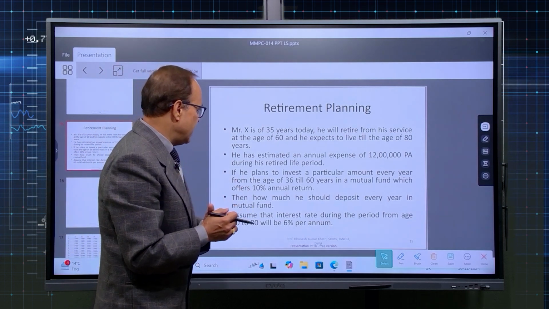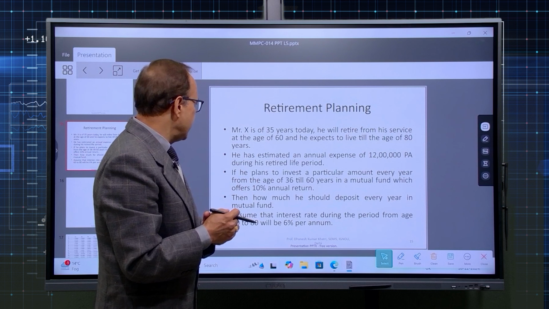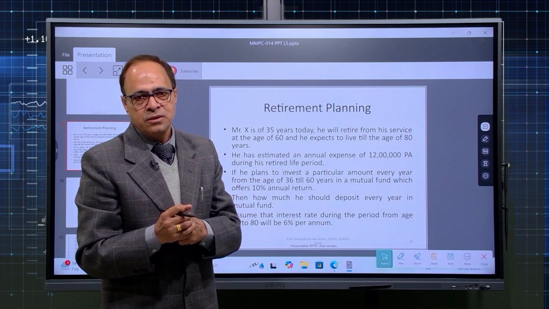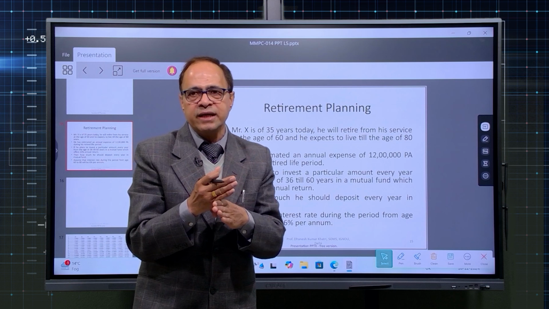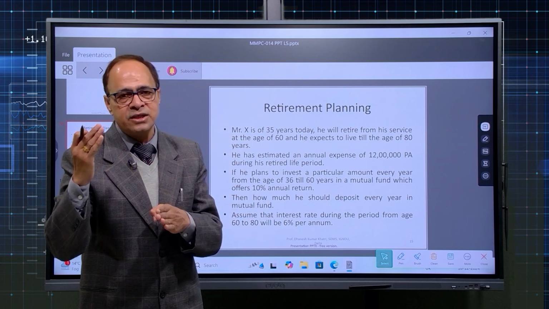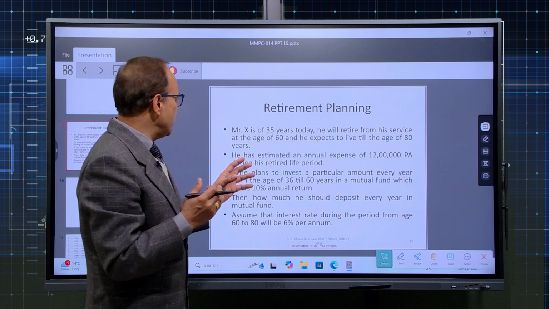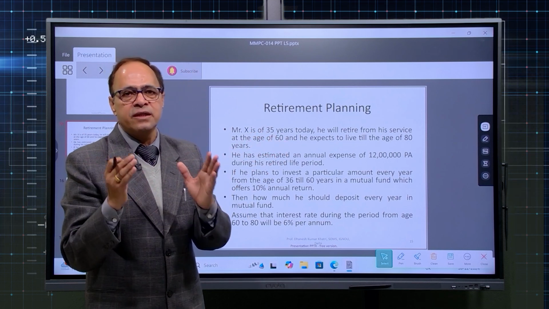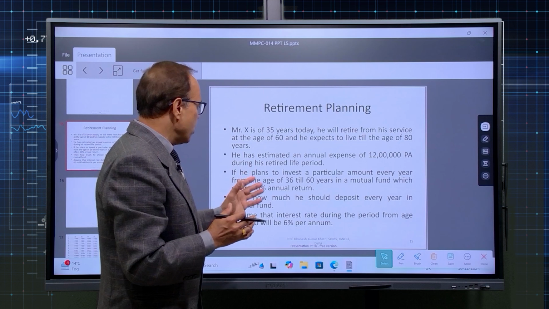He has estimated that every year during that period he will need 12 lakh rupees. So, the first 12 lakh he wants at the age of 61, the second at the age of 62, and the last at the age of 80, and he will keep depositing money from the age of 36 till the age of 60. So, let us solve this.